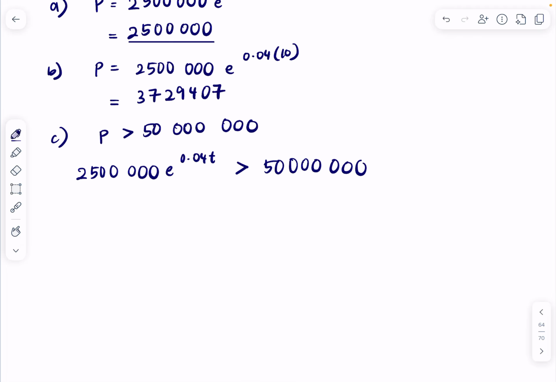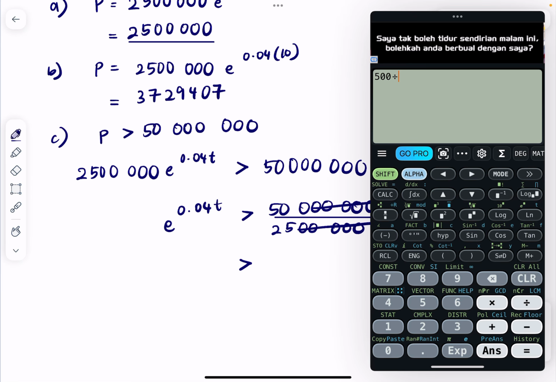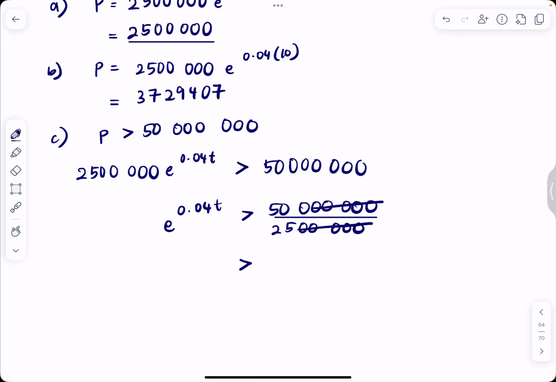It becomes 50 million divided by 2.5 million. So we can cut the 5 zeros, 500 divided by 25 is 20. So this whole thing is more than 20.